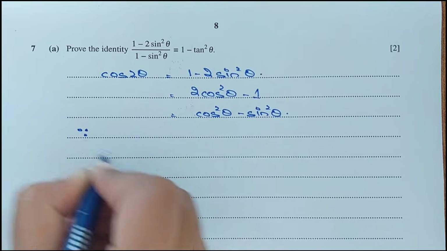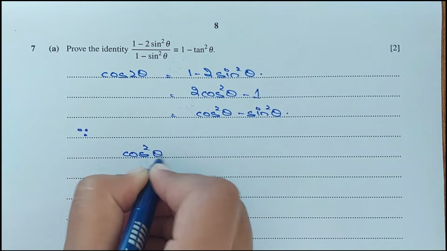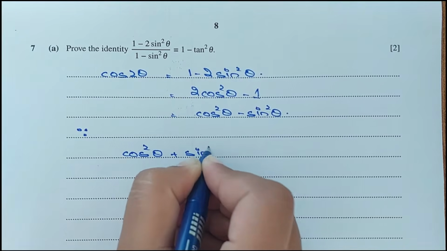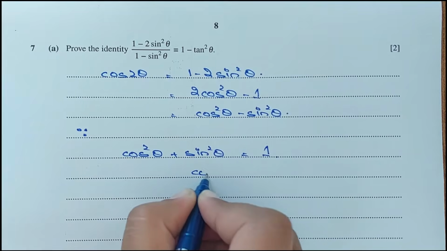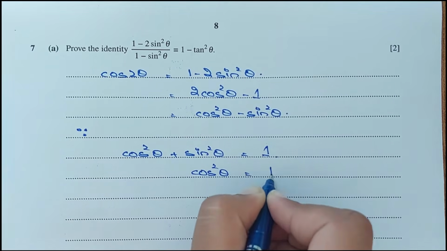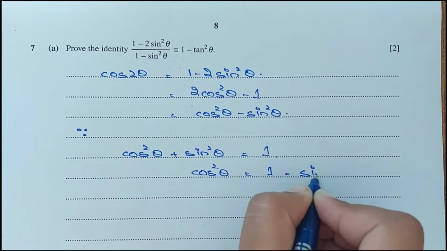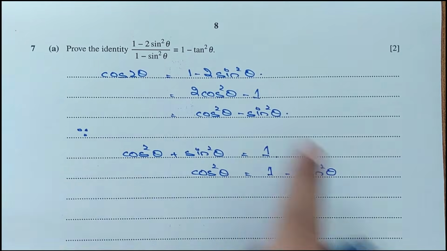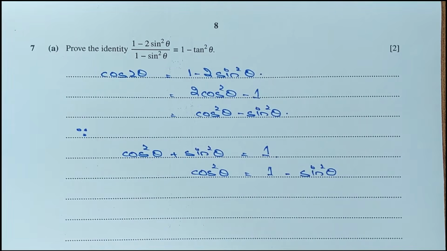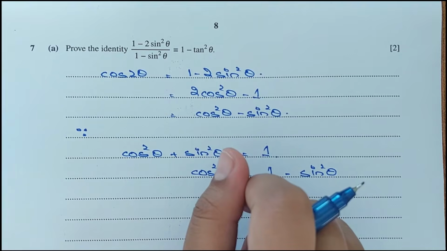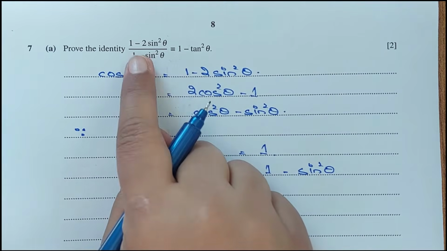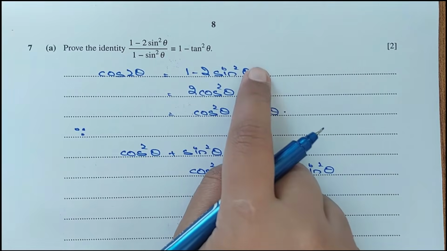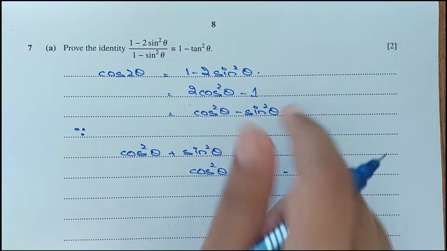And we have another identity, cos square theta plus sine square theta equals 1. And we have cos square theta equals 1 minus sine square theta. So in the denominator we can use 1 minus sine square theta as cos square theta, right? And in the numerator, we have to make 1 minus tan square. So which identity do we have to use?